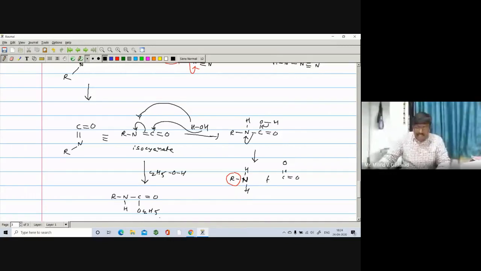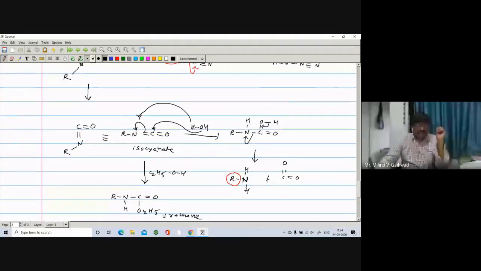It is called a urethane. It is having a particular smell. So formation of urethane can be explained by the formation of an isocyanate. So when you add water, you are getting amine, and when you add ethyl alcohol, you can get a urethane in the Schmidt rearrangement reaction.